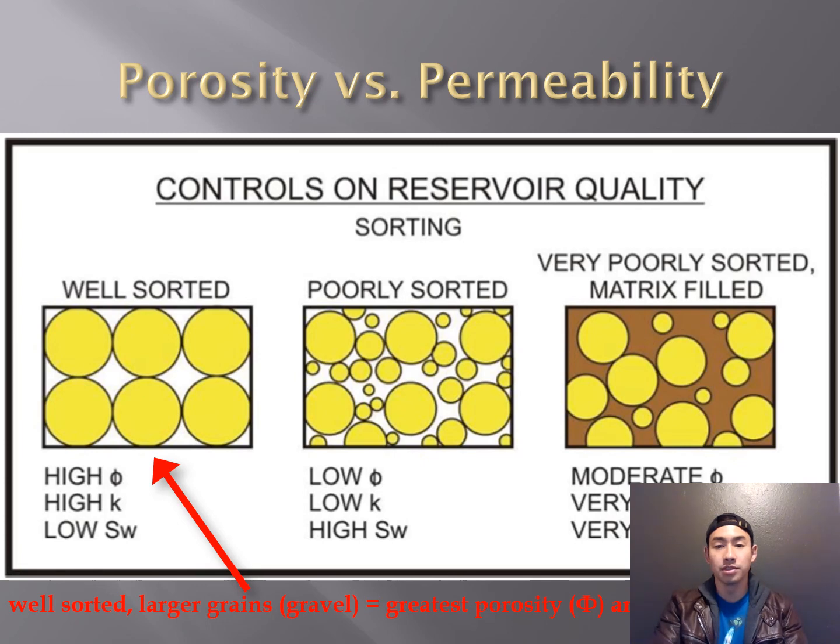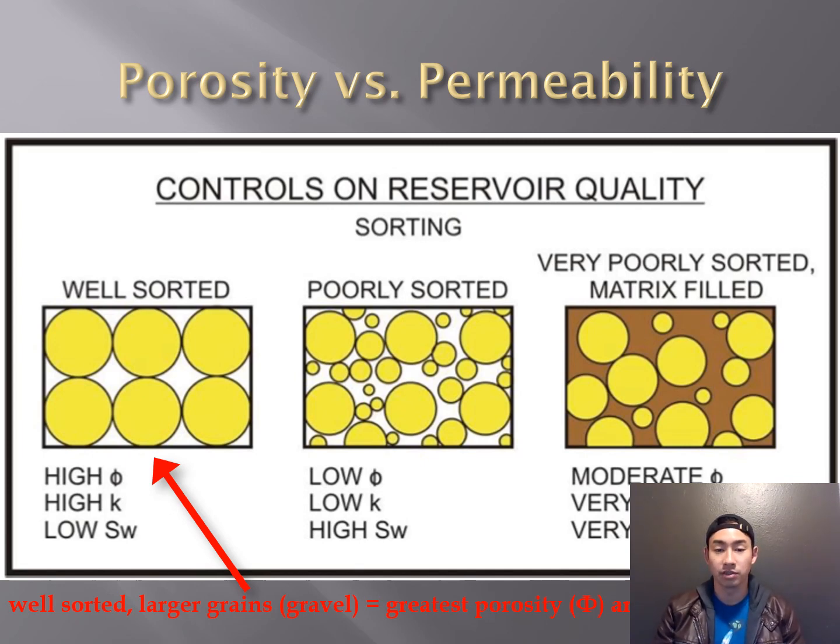Some controls on porosity and permeability are the amount of sorting we would have, if we're looking at sand or gravel or clay or soil type. If we have something that is well sorted, we will have both high porosity and high permeability.